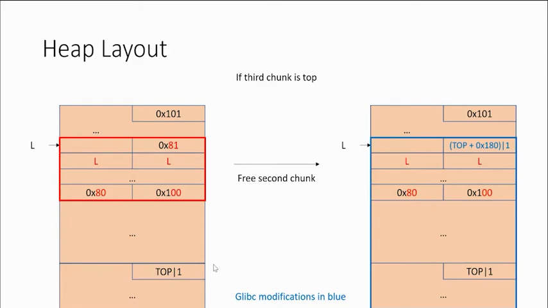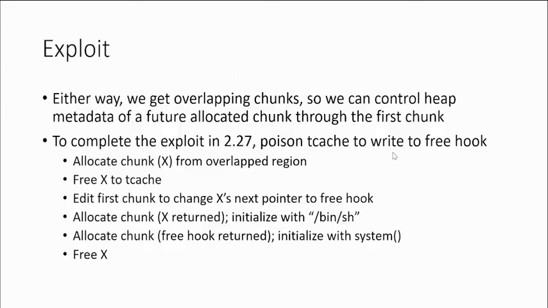And what happens here is that we still have a similar thing. The chunk here gets consolidated forward. So these two together get consolidated into the top chunk. And now we have this huge top chunk that still overlaps with the first chunk here. So in either case, we have overlapping chunks that overlap with the first chunk in this region.